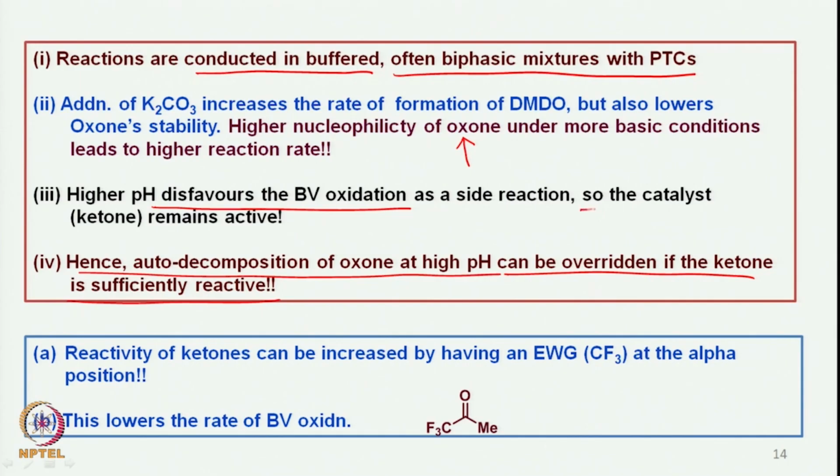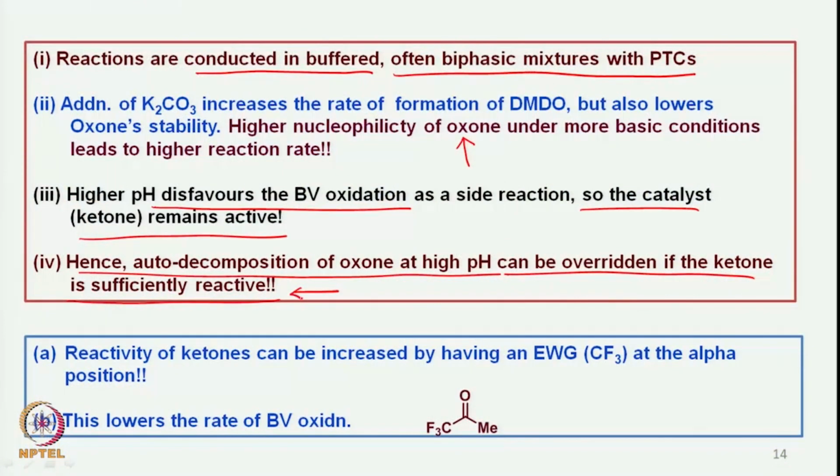So, the catalyst remains active. Basically, you start with the ketone and make the dioxirane, but then you have to use basic conditions, and if we increase the reactivity of the ketone, then the possibility of Baeyer-Villiger oxidation is less.